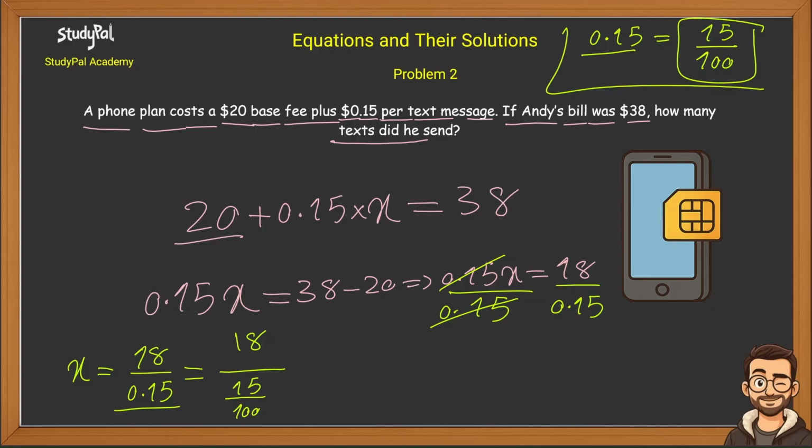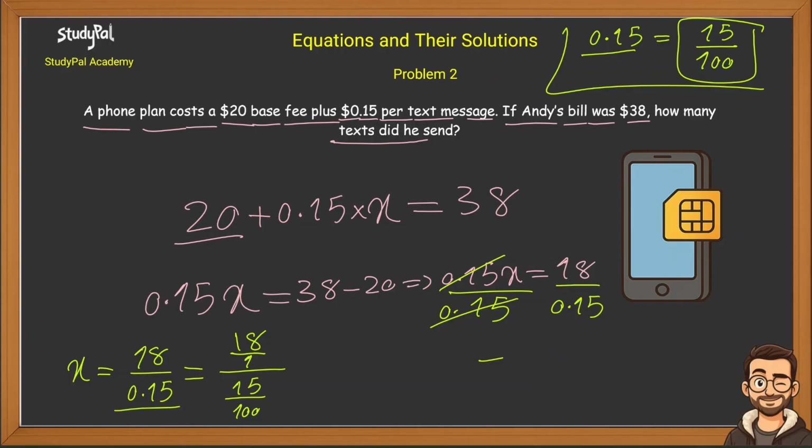Now, how can we simplify these kinds of fractions? Here is a trick. You just write 18 as 18 over 1. You can do the same thing with any number. Let's say 24. You can just write it 24 over 1, because 24 divided by 1 is just 24. Okay?